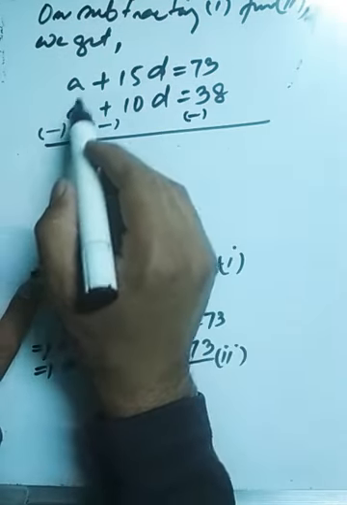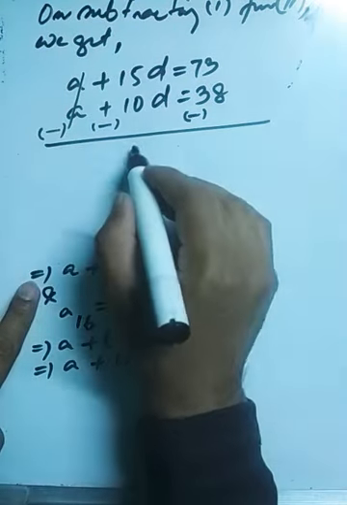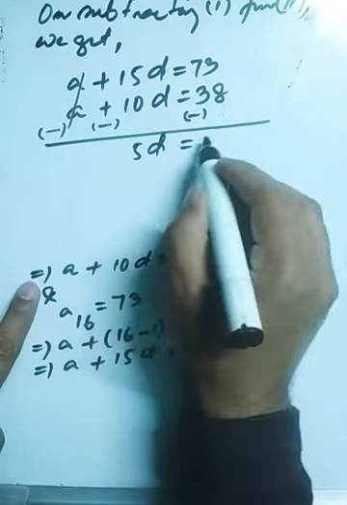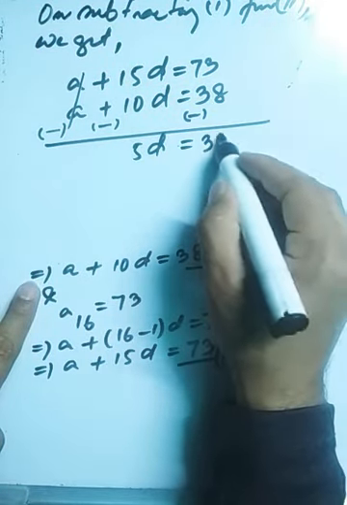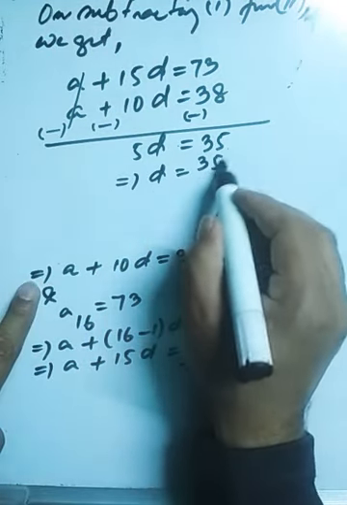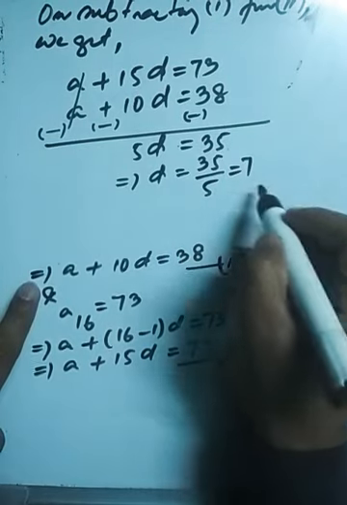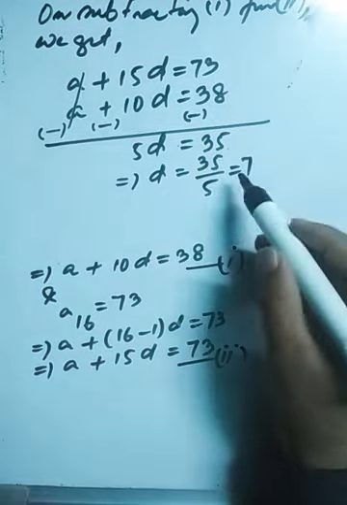So a and minus a, we cancel them. 15d minus 10d, it will be 5d. Now 73 minus 38, it will be 35. So now d will be 35 divided by 5, it will be 7. So now we got the value of d as 7.